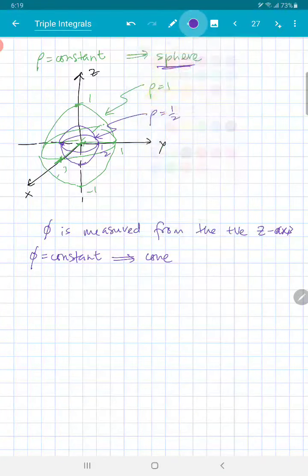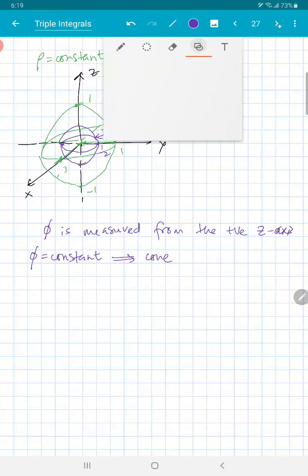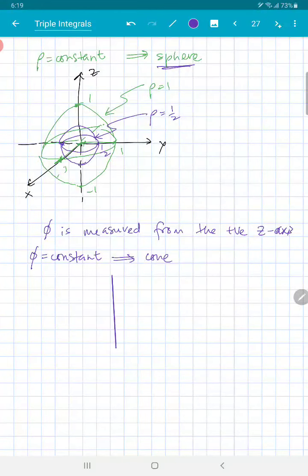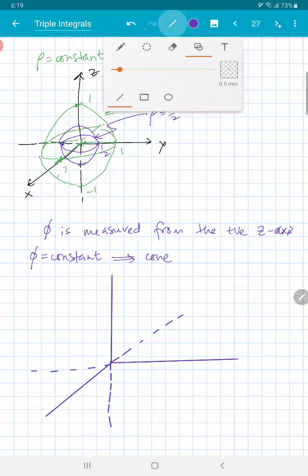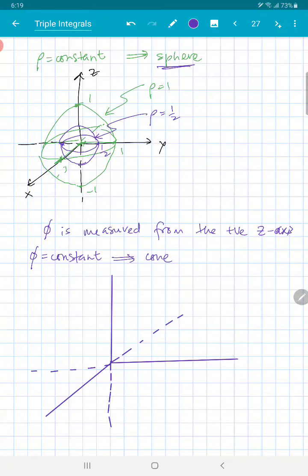For example, let me draw xyz space here. Let's say here we have the y-axis, x-axis, and z-axis. We measure phi from the positive z-axis.